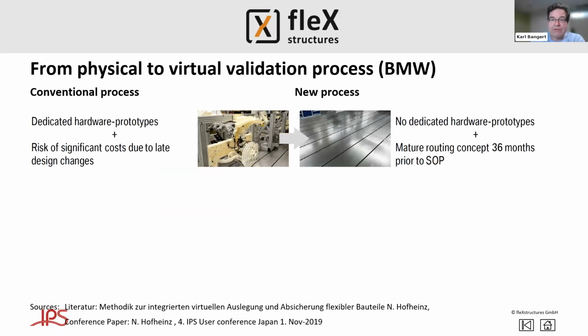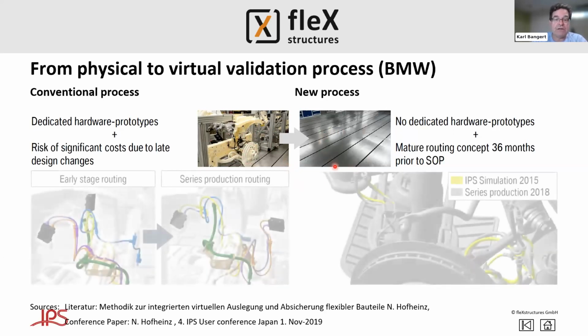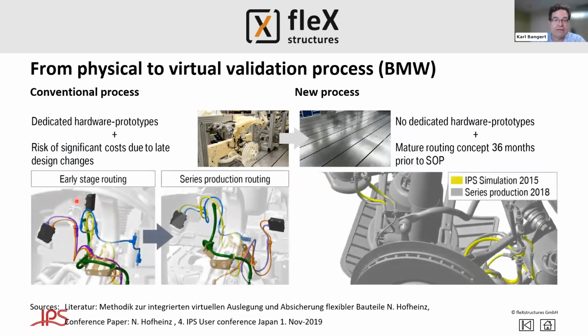Our topic centers around the increased use of virtual validation, as evidenced by early adopters like BMW, Volkswagen, and Mercedes that have been able to move away from costly and time-consuming hardware prototypes in their development and test labs, clearing out the space because of virtual validation, being able to use IPS cable simulation and the various IPS tools to get a handle on routing of cables, flexibles, and hydraulic hoses months to years before start of production.